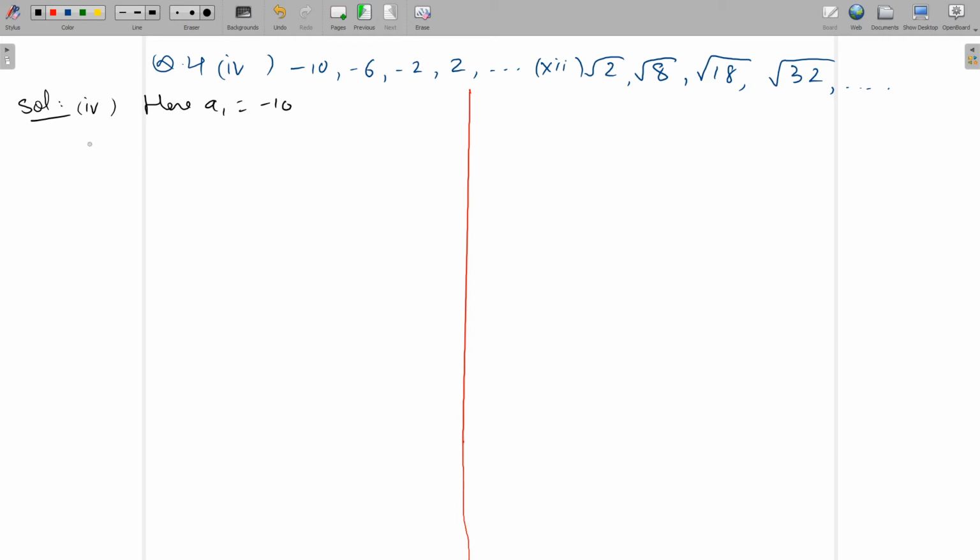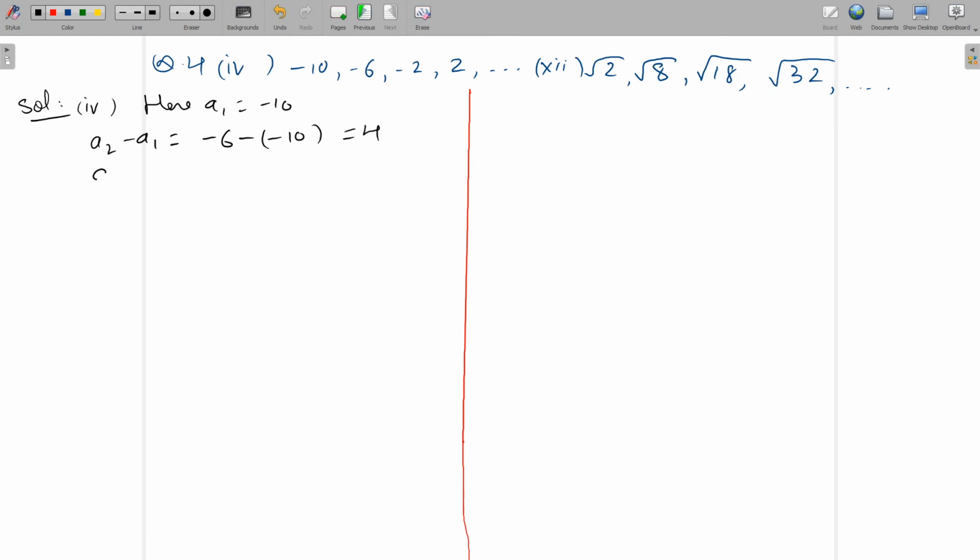So A2 minus A1. A2 minus A1 is equal to minus 6 minus minus 10. Always remember that you have to write the second term minus first term, not first term minus second term. So A2 minus A1 is minus 6 minus minus 10. So minus 6 plus 10, that will give us 4.